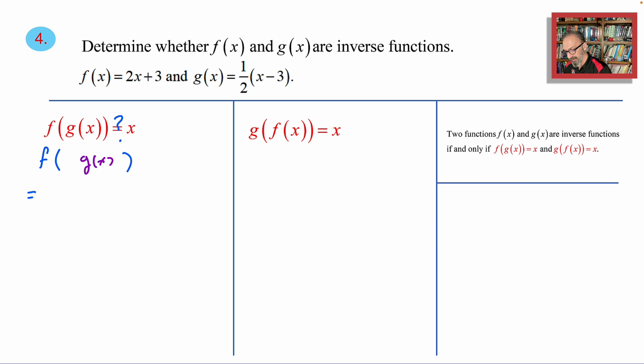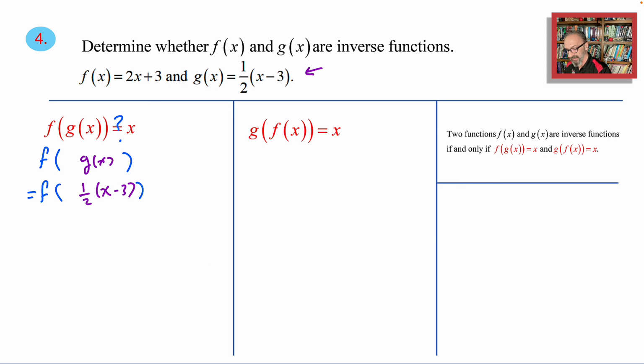And equal f of, instead of g of x, we write what we know about g of x from the top right here. That's half times x minus 3. Now, to apply the function f right here, we need to think this way, which means anything is given to us, we multiply it by 2, and once we finish, we add 3.